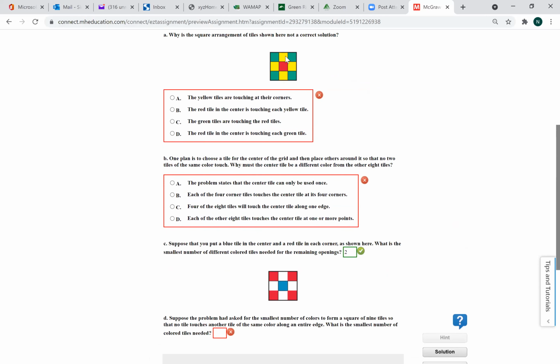So this one in A would fit that. And I think that 1 would work for that, because none of these tiles touch the same color along any edge. Does that make sense, Balsam?